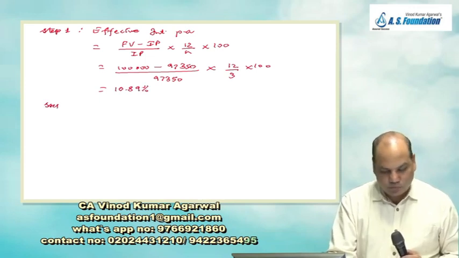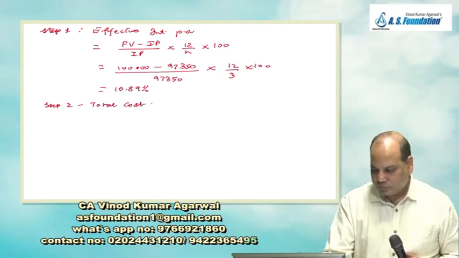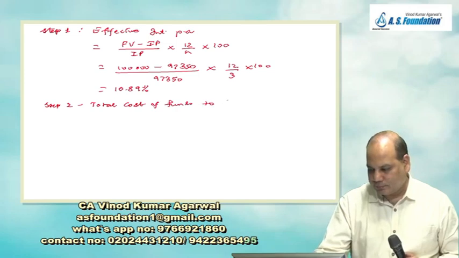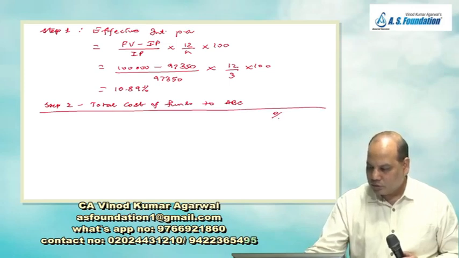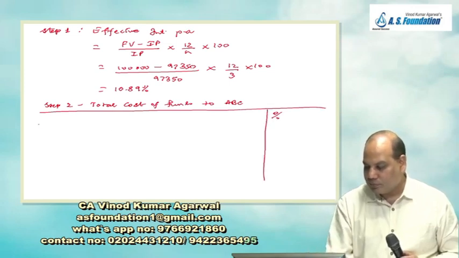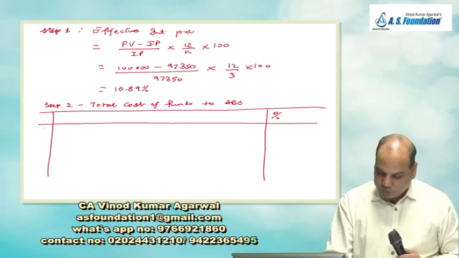And then step 2, one more question. What is the total cost of funds to ABC? Total cost of funds to ABC, right hand side one percentage column. So there are 4 costs.